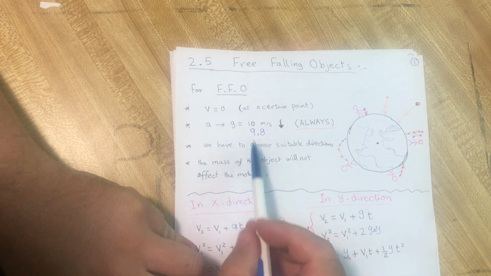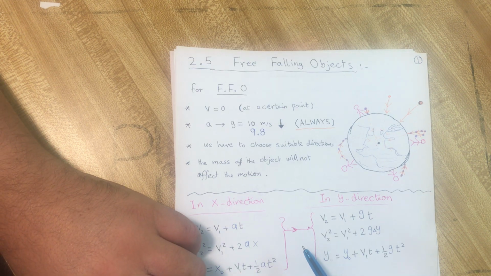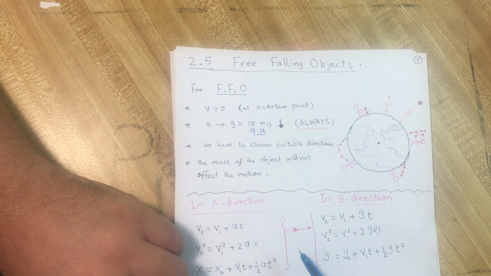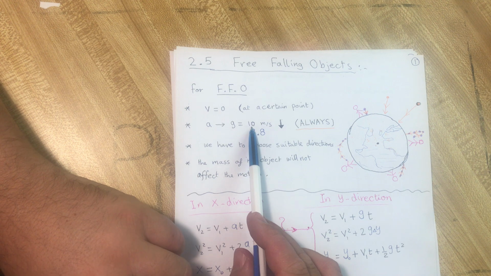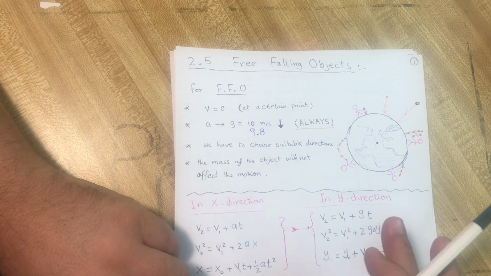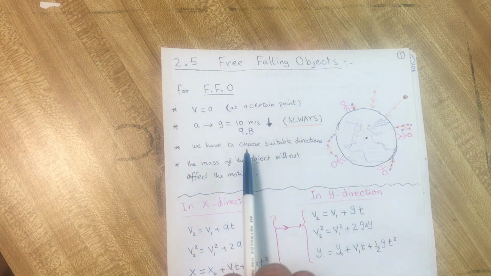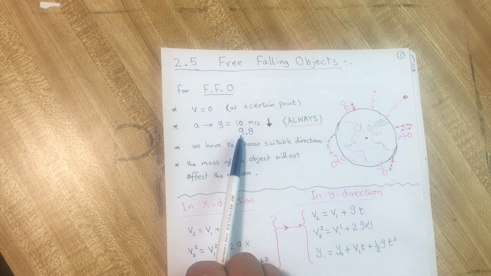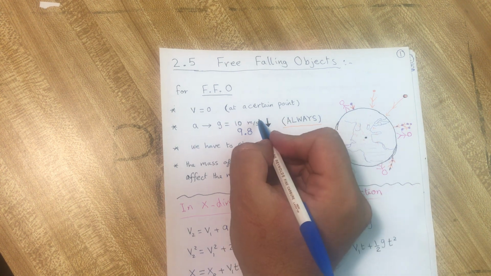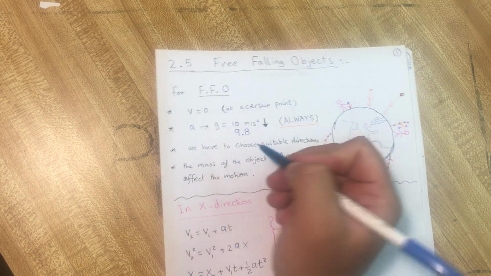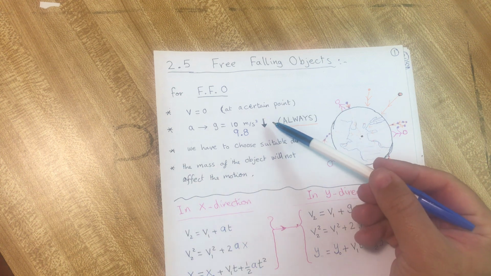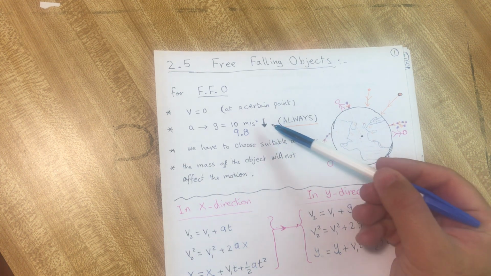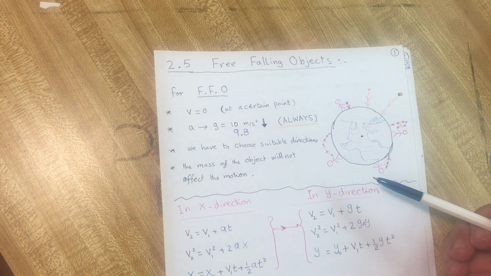I solve the examples using g equal to 10. You can use 10 or 9.8 meter per square second, but it is always downward, okay.